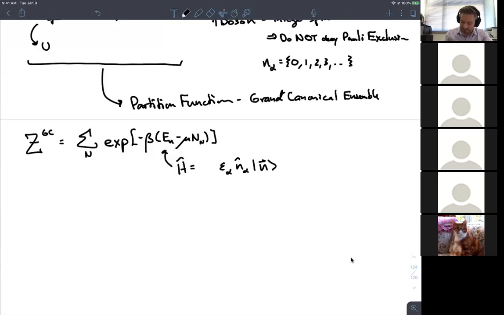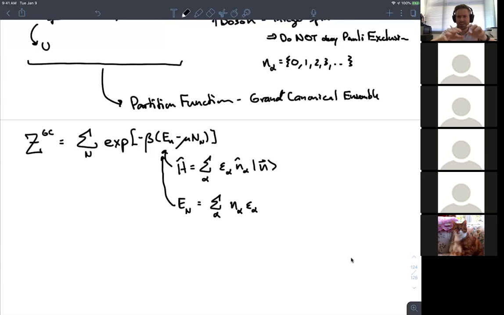Then to get the total energy, you simply sum over all energy levels. In other words, the energy is the sum of the number of particles in each state times the energy of each state, summed over all possible states.